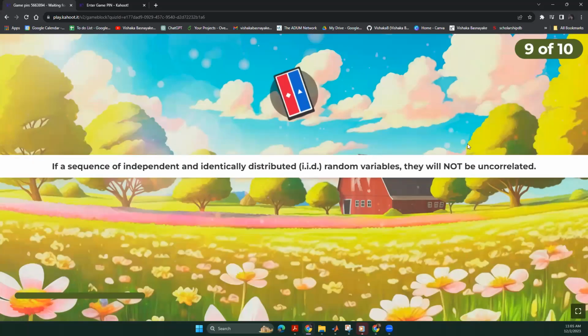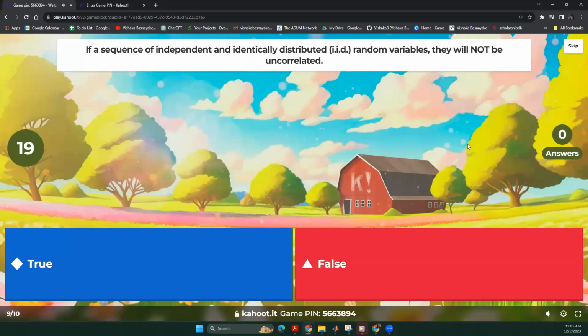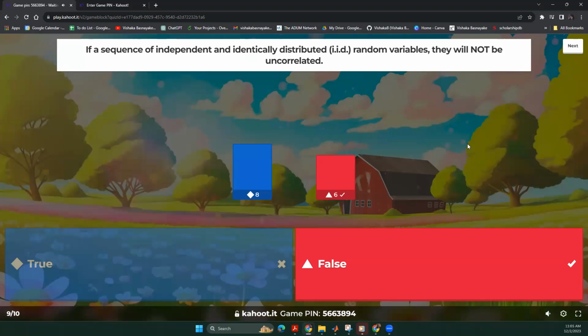If there is a sequence of independent and identically distributed random variables, they will not be uncorrelated. That's what they are asking. So is it true or false? The correct answer is false.